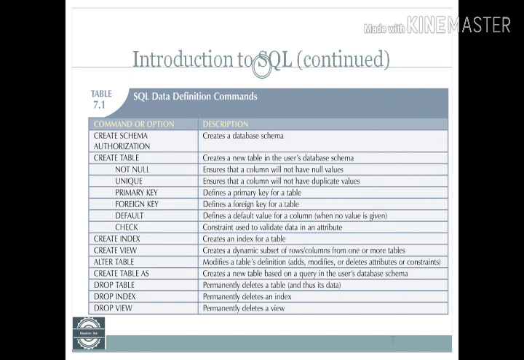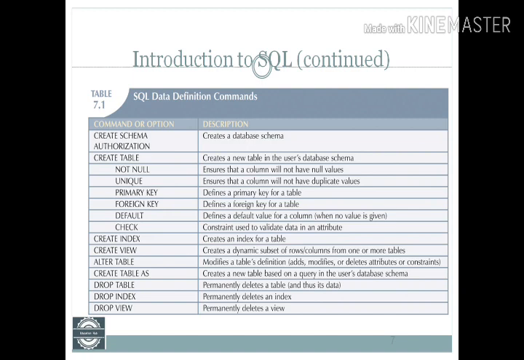And when every record is inserted into the schema, that becomes an instance of that schema, and that is termed as instance. That means whenever any record is inserted into the schema, it becomes an instance of that schema. I think it is clear to you right now. So what is the meaning of schema? I think it is clear.